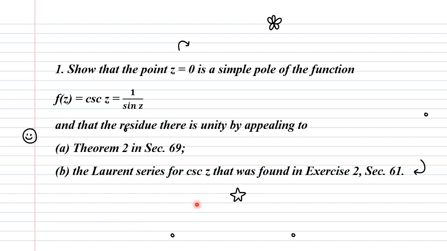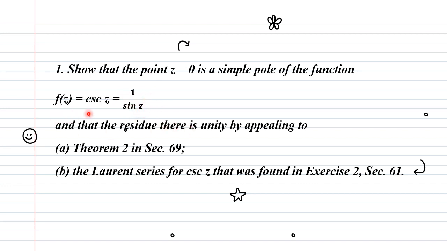This is our first exercise, and it says, show that the point z equals 0 is a simple pole of the function f of z equals the cosecant of z, that is equal to 1 over the sin of z.